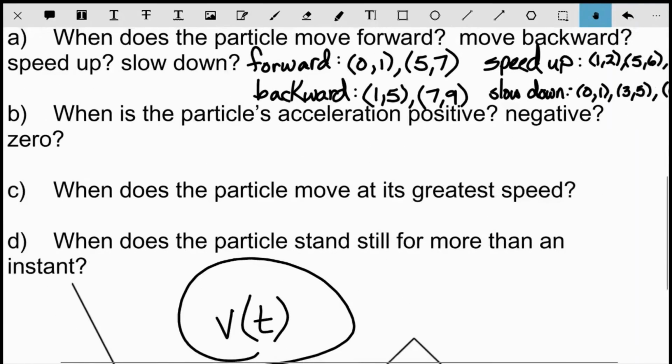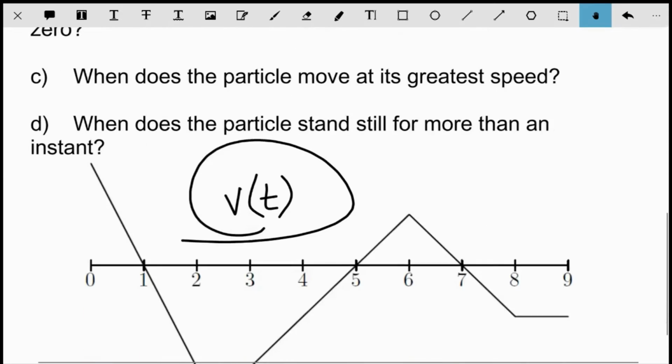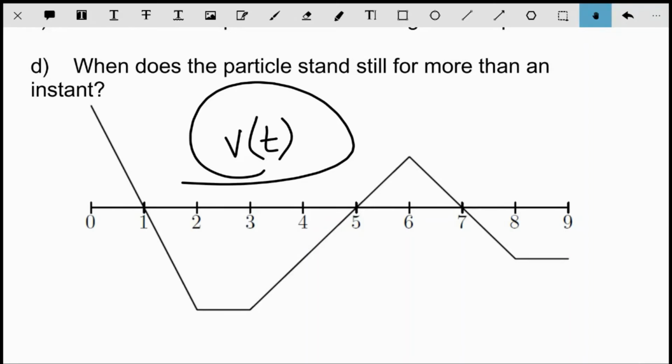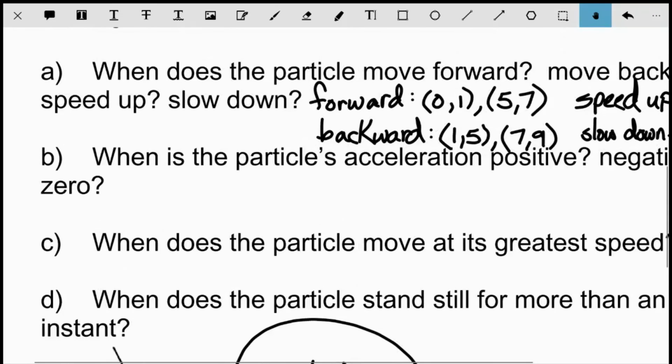Part B, it says, when is the particle's acceleration positive, negative, or 0? So positive, negative, or 0, when we're talking about acceleration, remember acceleration is just the slope of the velocity. So you can see we have a negative slope from 0 to 2, we have a positive slope from 3 to 6, and a negative slope from 6 to 8. So that's how I'm going to figure out my acceleration being positive or negative.